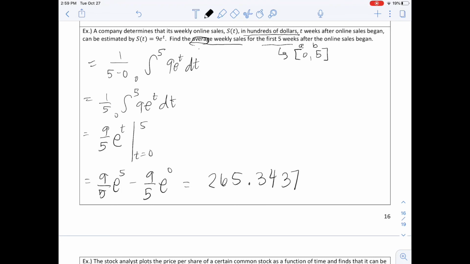And this is in hundreds of dollars. So we can multiply this by 100, and you can also write this as 26534.37, and that would be an equivalent answer.